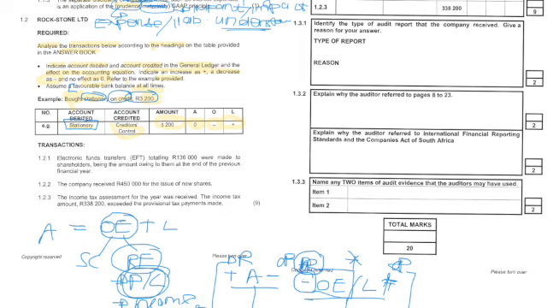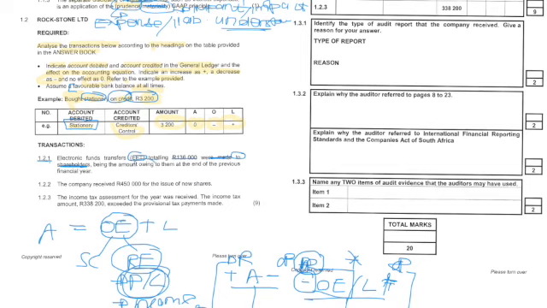So now question 1.2.1 says that the electronic fund transfer, so the EFT, totaling 136,000 were made to shareholders, right?